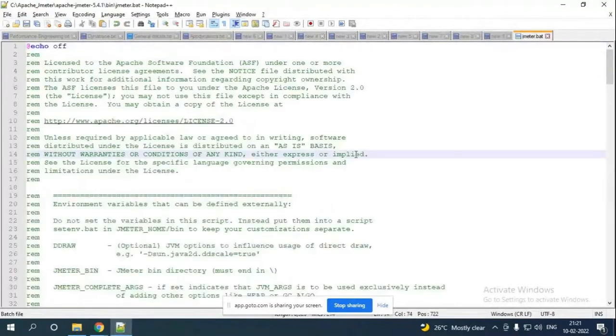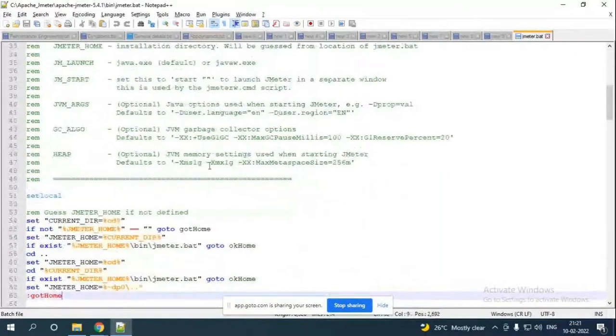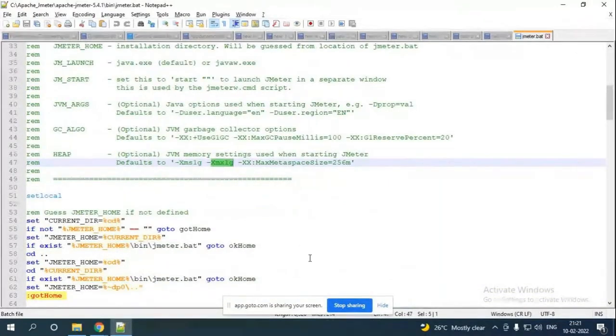You can see here it is using 1 GB, min size and max size as 1 GB heap memory. JMeter is also a Java program, which means Java always runs on the JVM and it requires heap memory. By default, JMeter is using 1 GB heap space.